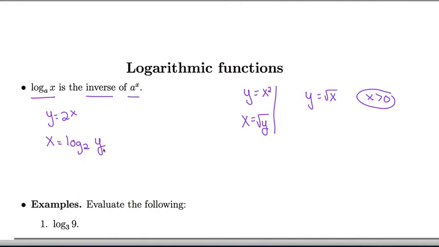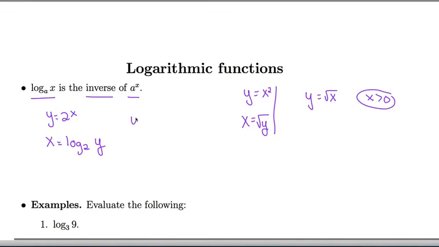Let's use this in a particular example so that it makes a little bit of sense. I have y equals 2 to the x, and I tell you y equals 8. Then what is x? Well, you might think, okay, 8 is equal to 2 to the x, so x is going to have to be the exponent that gives me 8, so that's 3. 2 to the 3 equals 8.